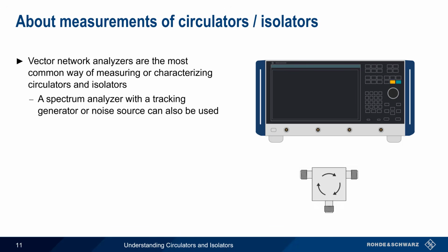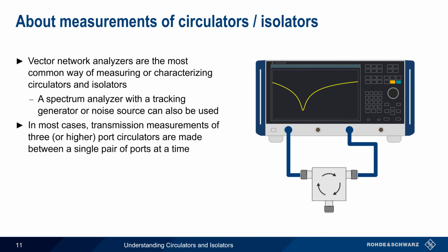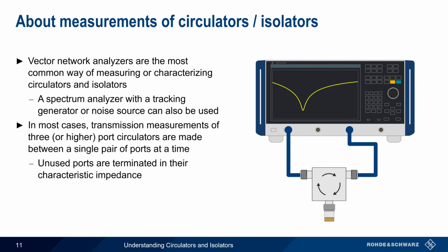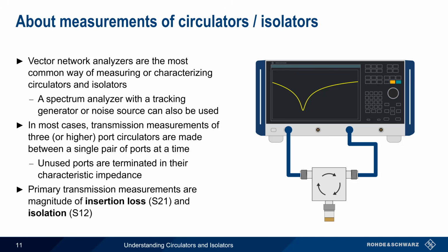Even though circulators have 3 or more ports, in most cases, transmission measurements are only made between a pair of ports at a time, with the unused port or ports being terminated in their characteristic impedance, typically 50 ohms. And as we'll discuss in just a moment, the primary measurements made on circulators and isolators are the magnitude of the port-to-port insertion loss and isolation.